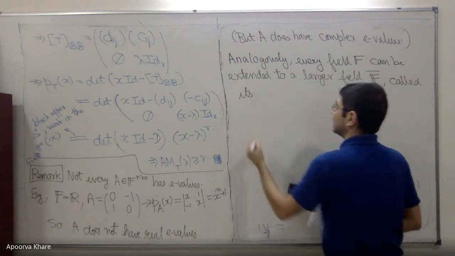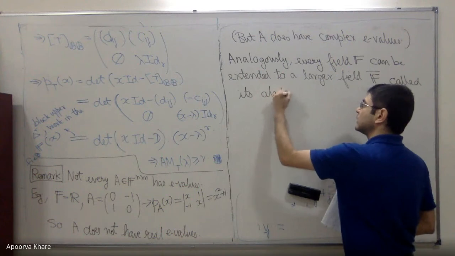So algebraic closure means it's the smallest algebraically closed field.